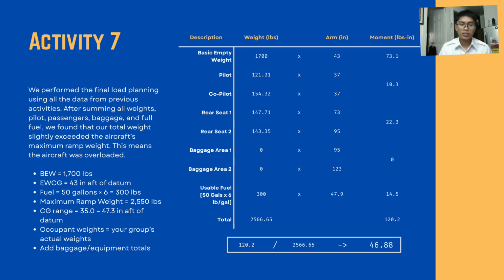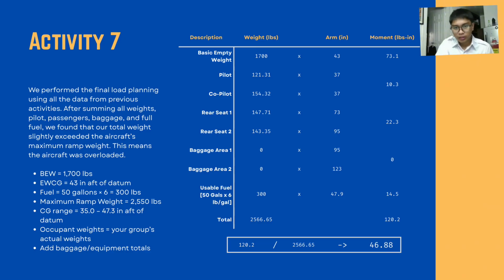And the occupant weight is our group weight, as mentioned earlier, and the baggage and the equipment totals. So as you can see, this is our data. What I was saying earlier, and that is our total moment.